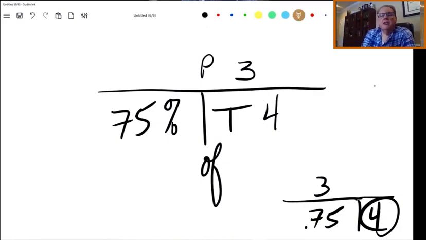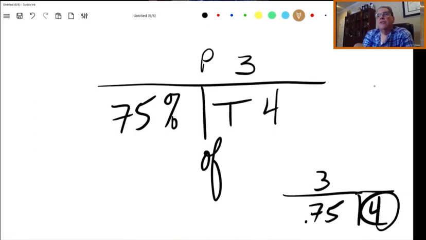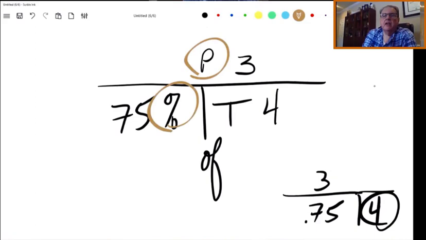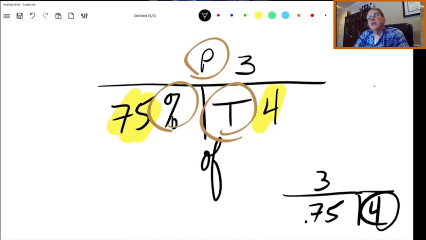So you can solve for any of these items if we just give you 2 of them. If I had this and that, Dr. Sam had 4 houses. He sold 75% of them.